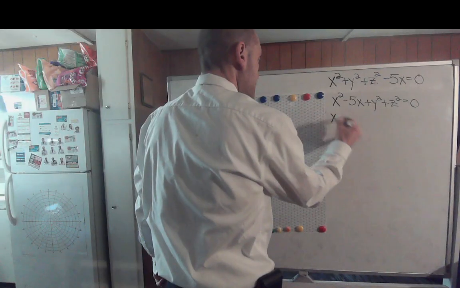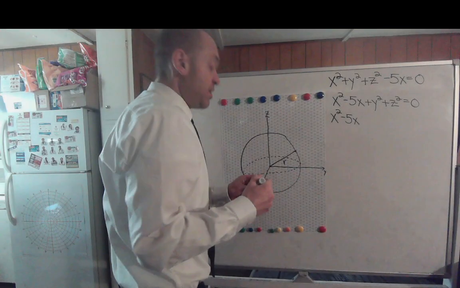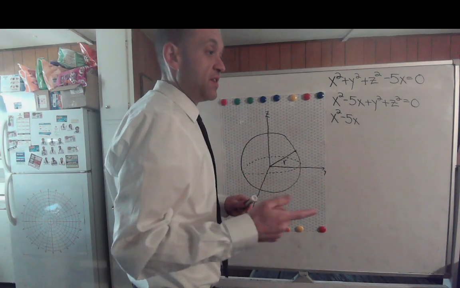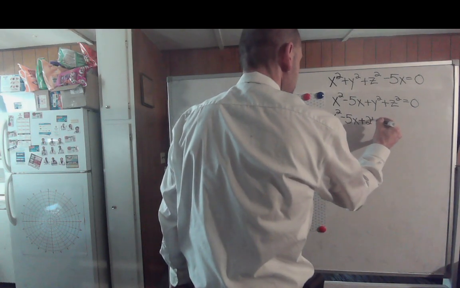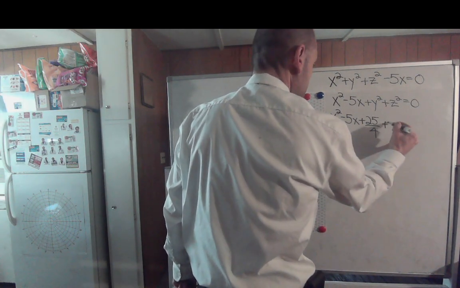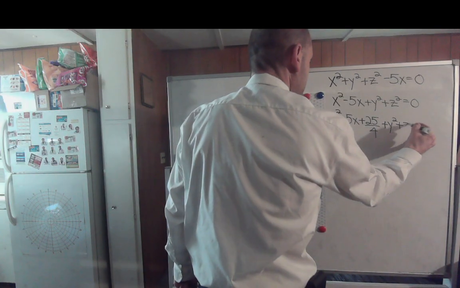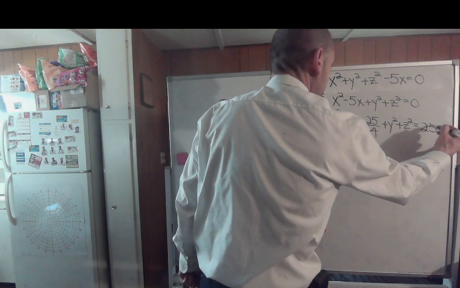So this would turn into x squared minus 5x. Okay, now half of negative 5 is negative 5 halves. If you square that, you'll get plus 25/4. And then you would have plus y squared plus z squared would equal that 25/4 on the right hand side.